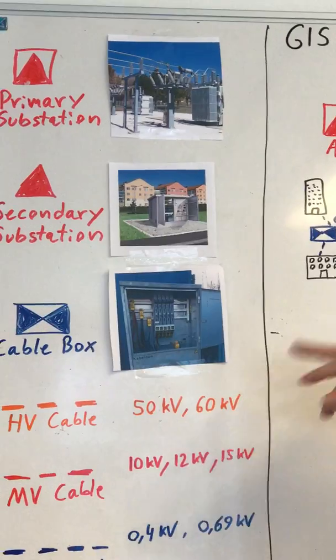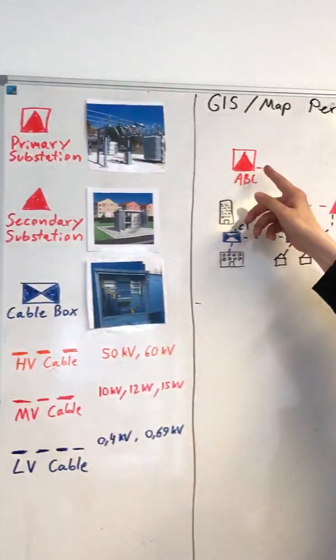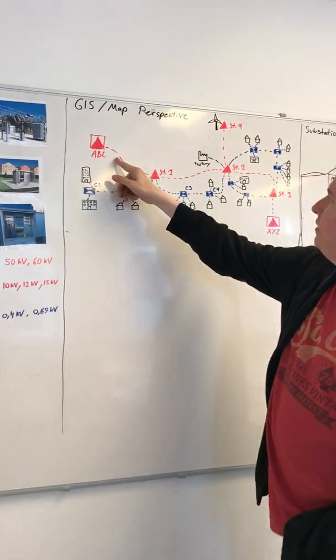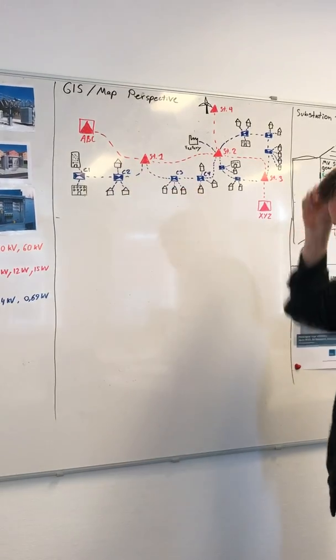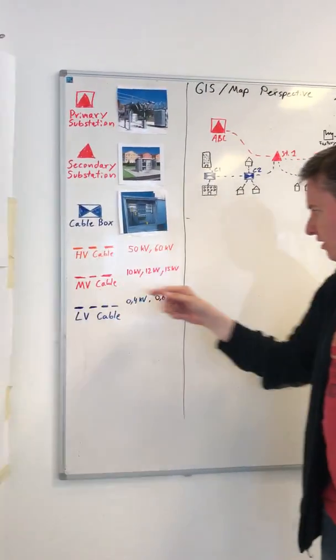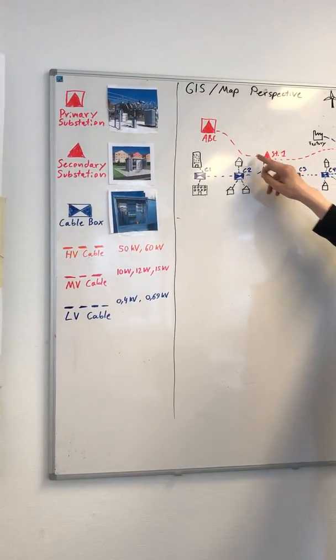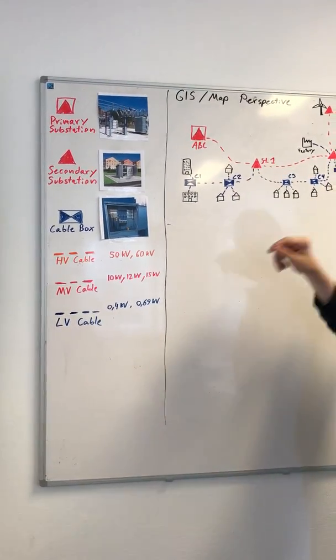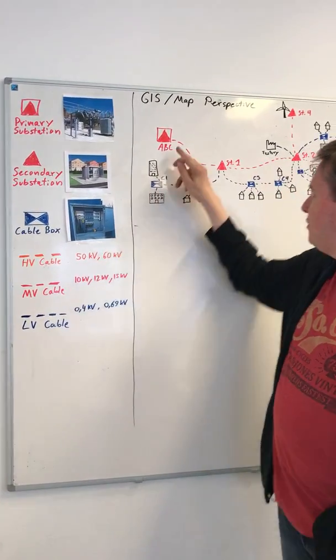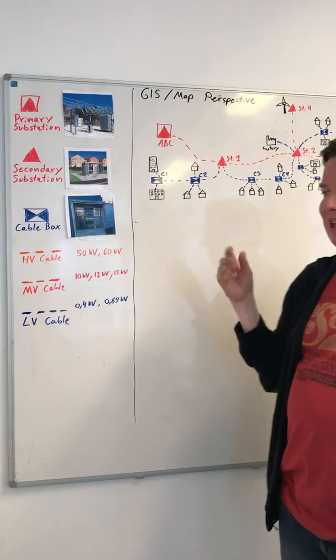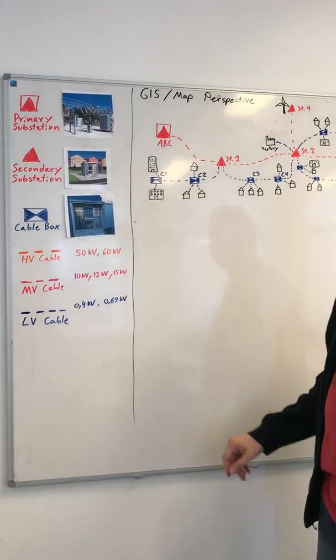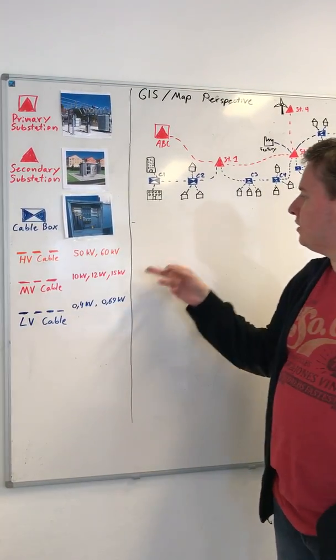In the diagram, there are some red lines here, and that's what we call the medium voltage network. When it's dashed like this, it typically means it's a cable. Normally we use cables in the medium voltage network.